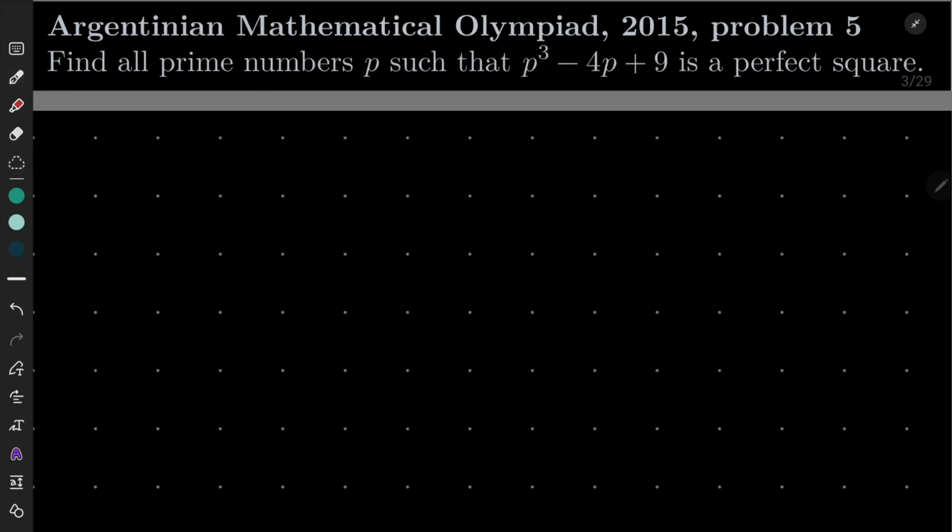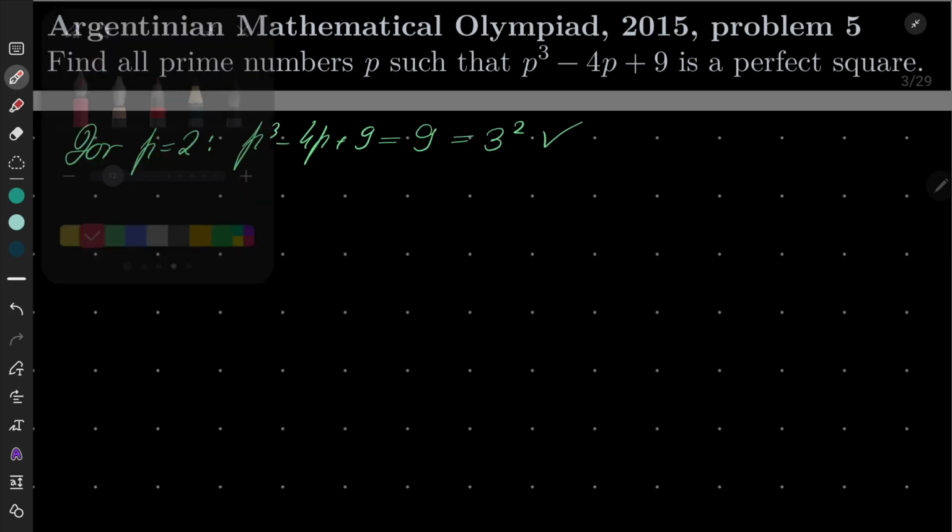Okay, so I hope that you've managed to solve it. As I suggested, let's see what happens at 2, 3 and 5 to begin with. For p equals 2, p cubed minus 4p plus 9 equals 9, which is 3 squared.